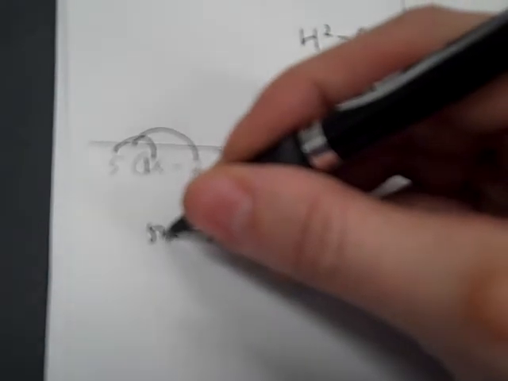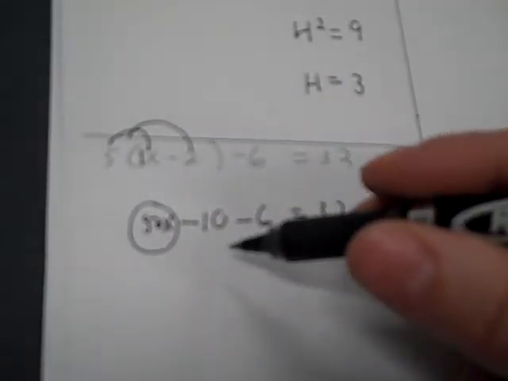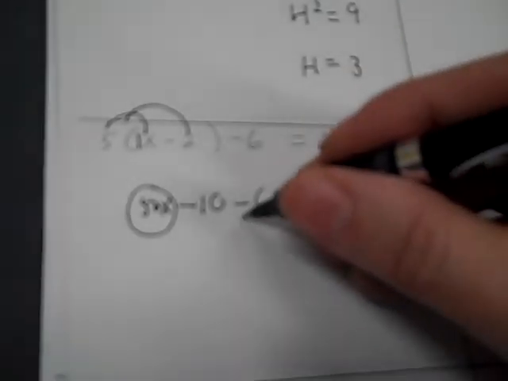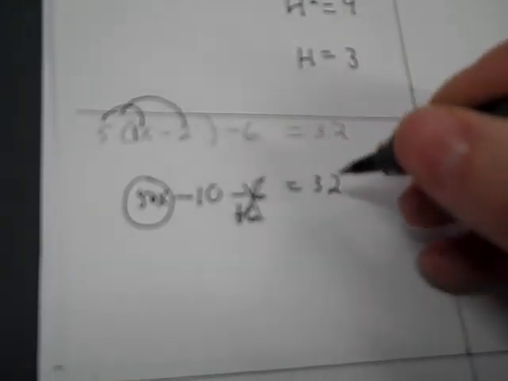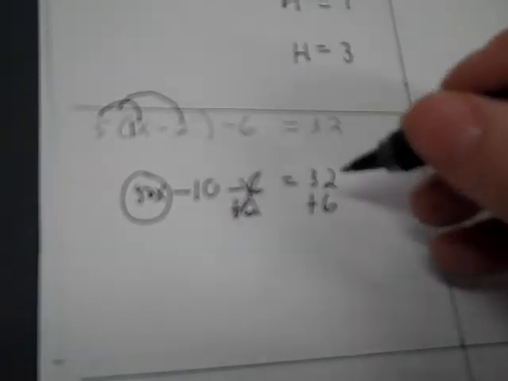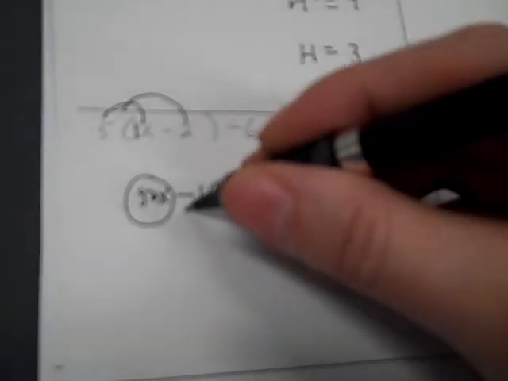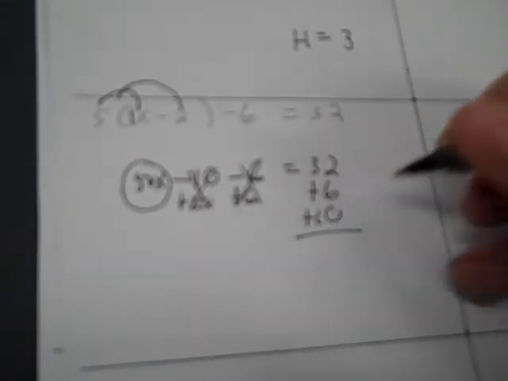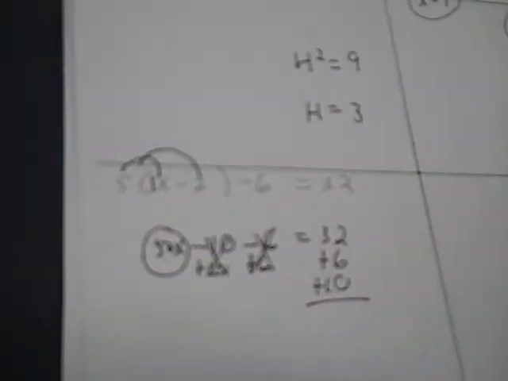Okay, so I dot my x, circle it. Now I have two minuses to undo. I'm going to undo both of them at the same time. So plus 6, but before I add those, I need to also plus 10 and plus 10. Now take 32 plus 6 plus 10, and that's 48.